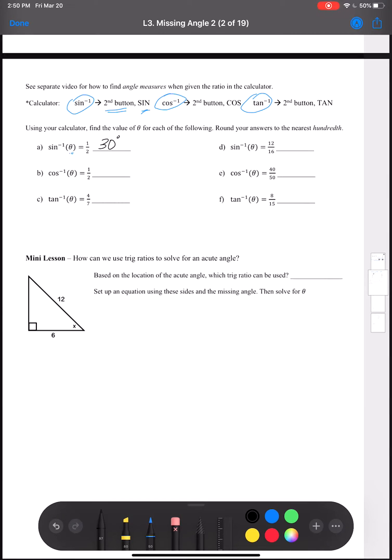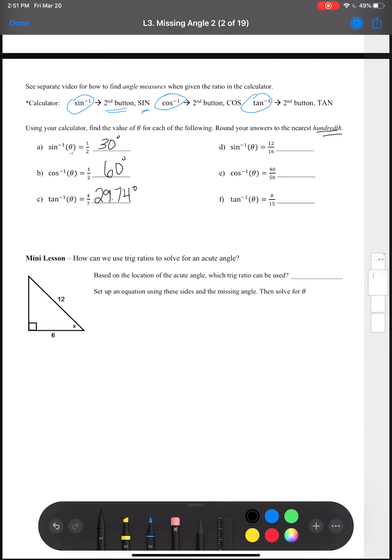Let's see here. Inverse cosine of 1/2 is equal to 60 degrees. Inverse tangent of 4 divided by 7 is equal to, we're rounding to the 100th, so 29.74 degrees.